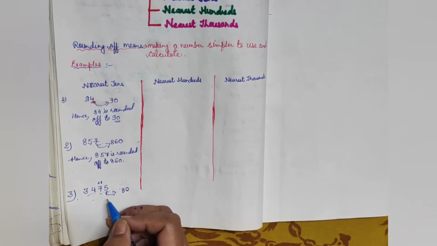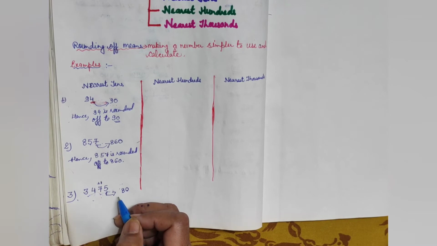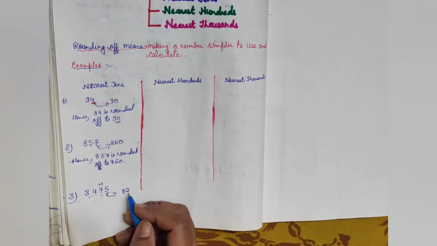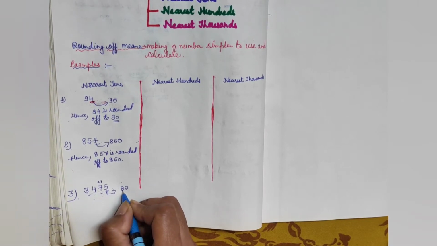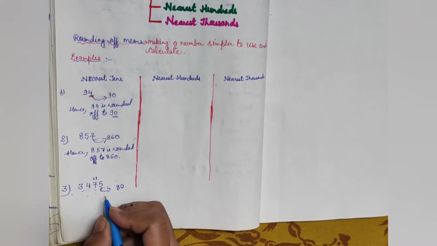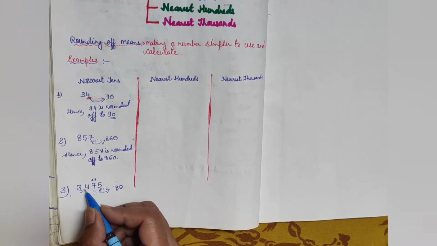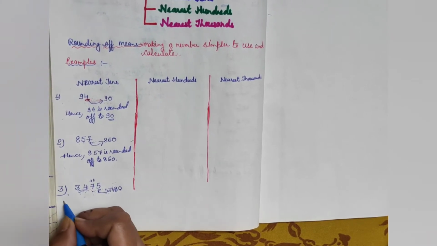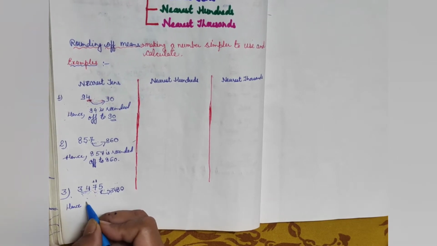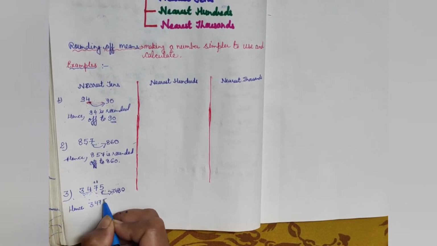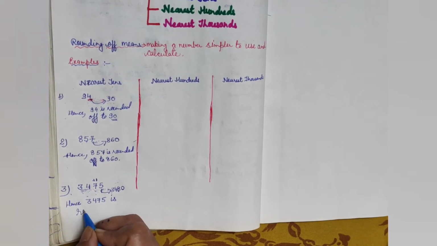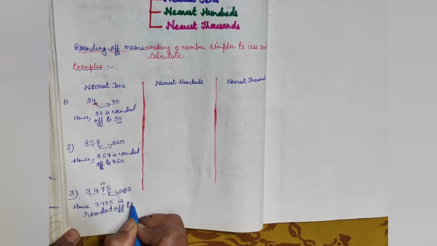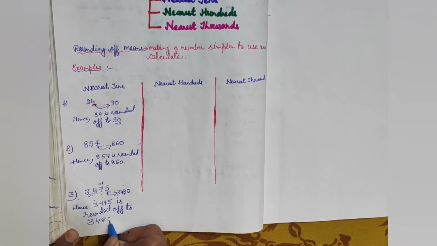So we write 8 here and write the remaining number as it is, that is 3, 4. Hence 3475 is rounded off to 3480.